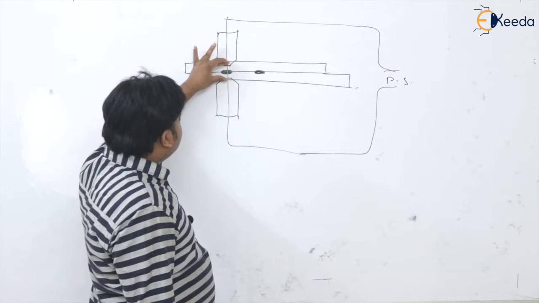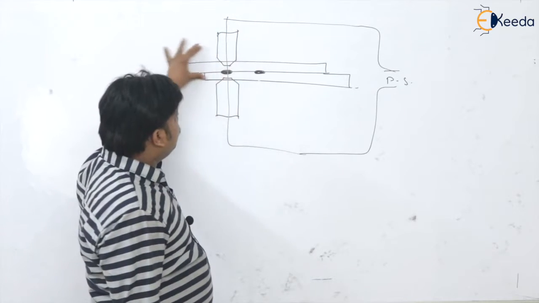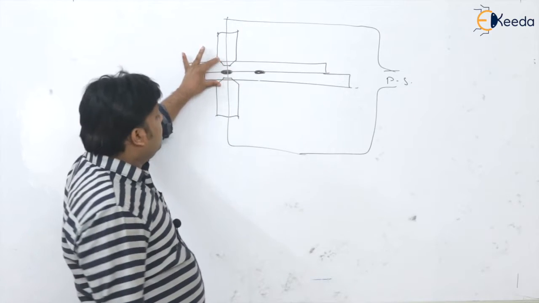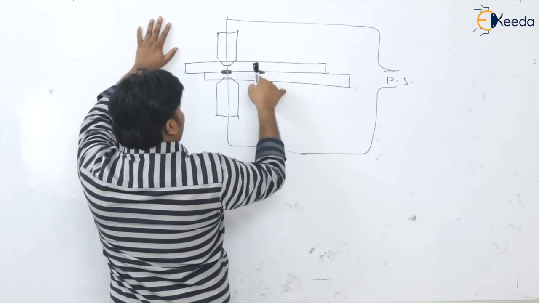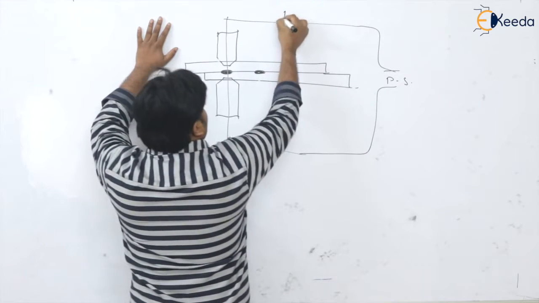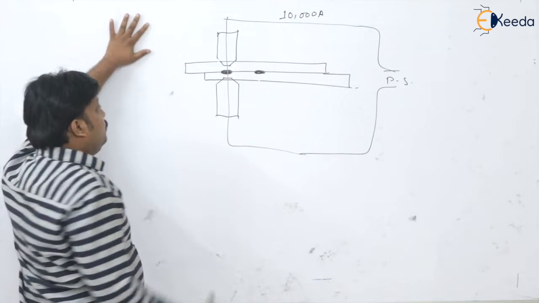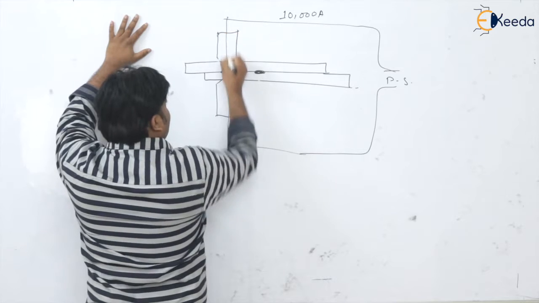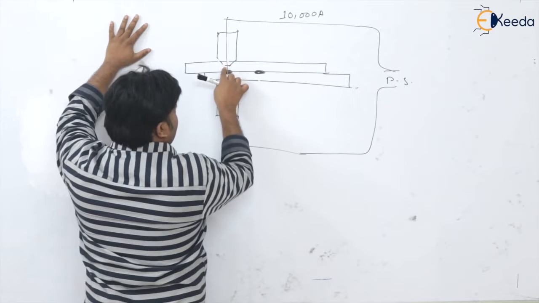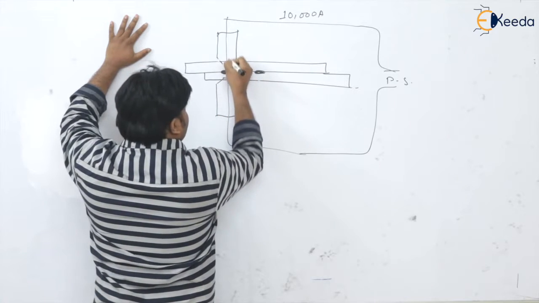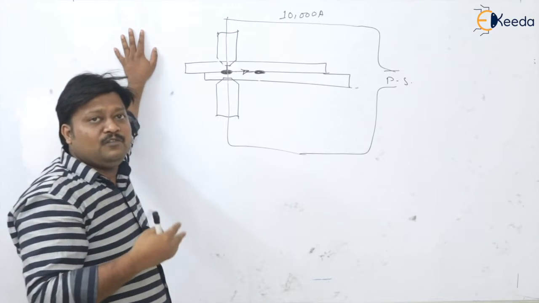To have the next spot, the electrode will go apart, then the position will be settled for the next spot. Whatever current is required for getting that spot, say we are talking about 10,000 ampere, what happens is that because of the continuous medium, the electrode is in contact with these plates, and because of this continuous medium there is bypassing of the current.